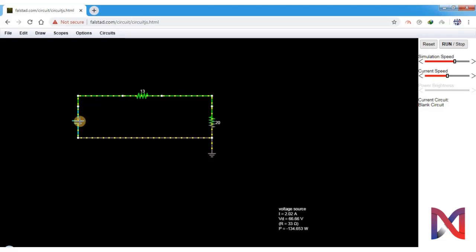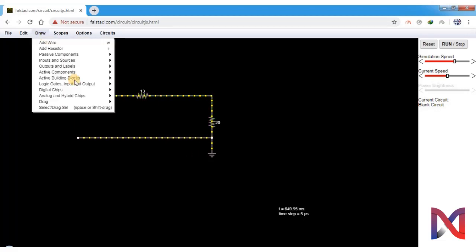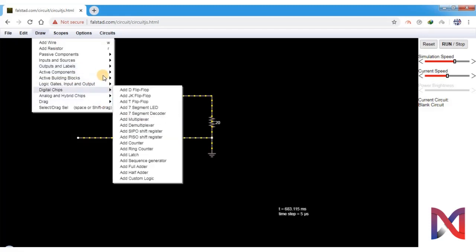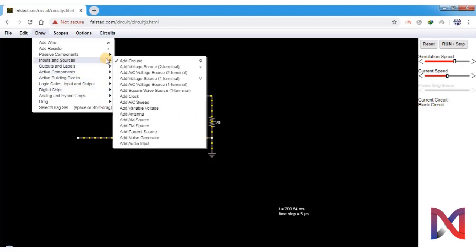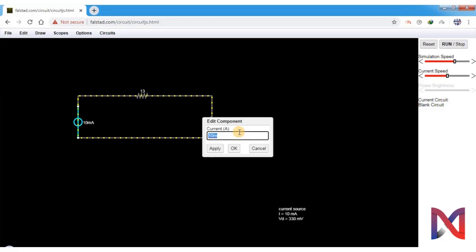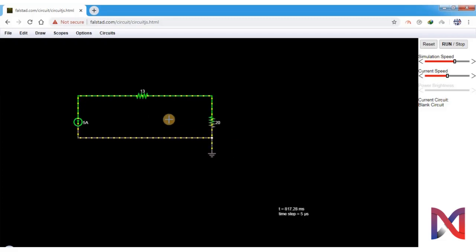So we will delete this voltage source and we will place a current source of 5 amperes here, and we will move this in parallel to our current source.